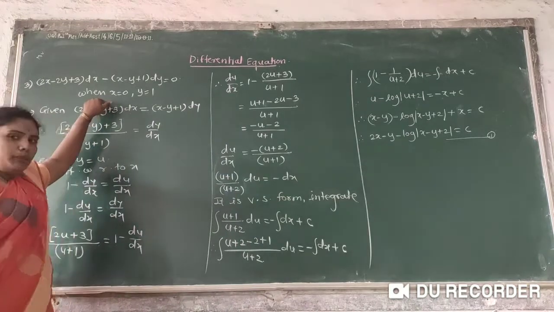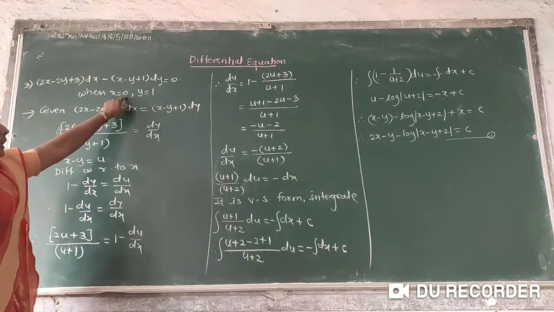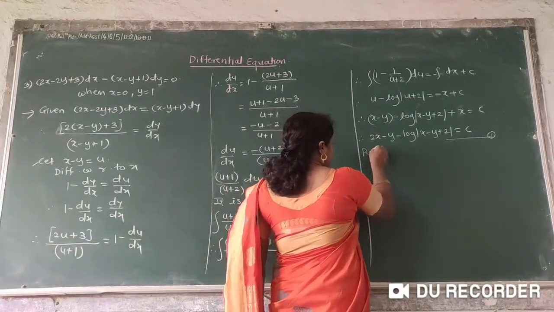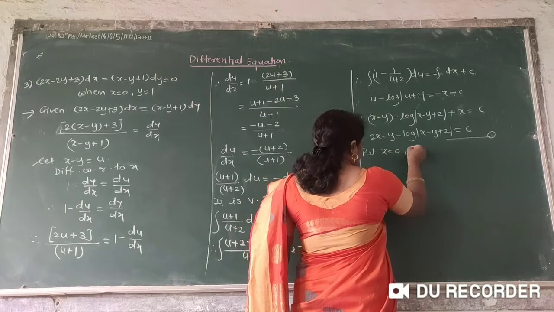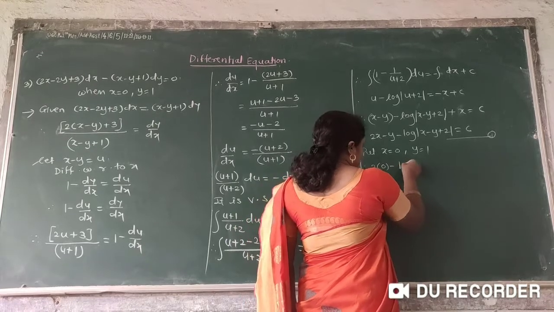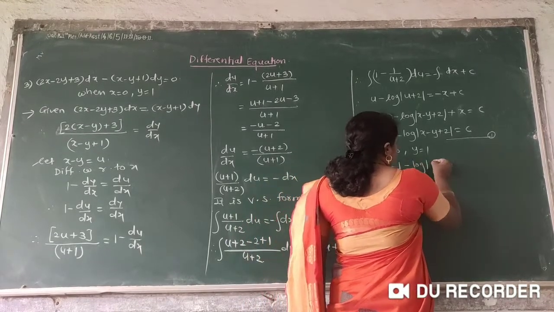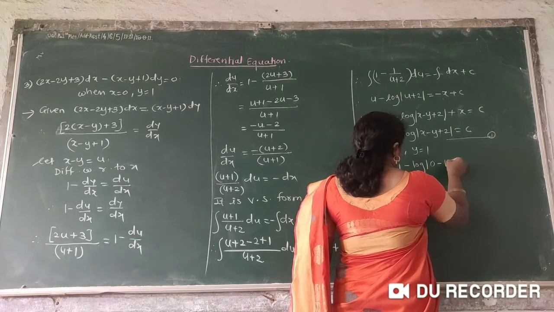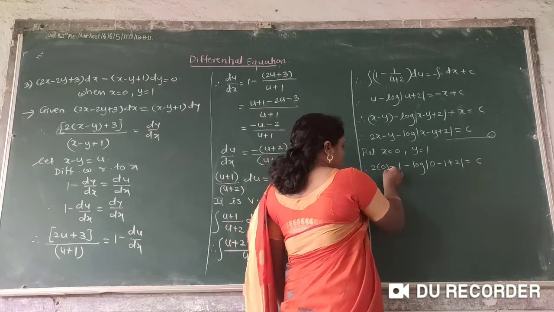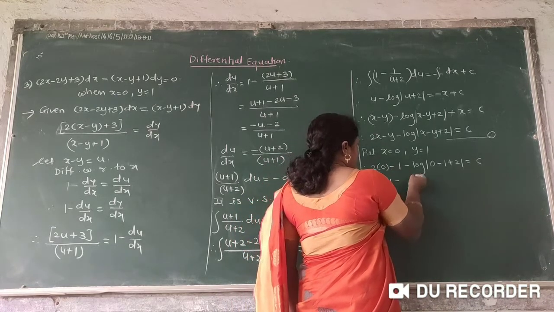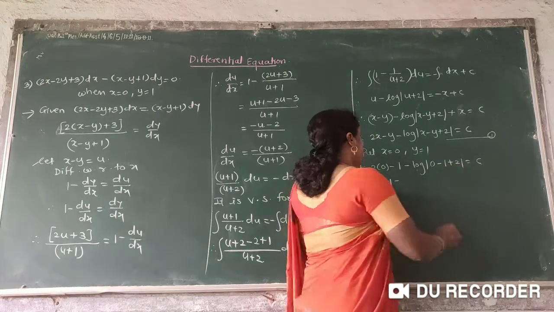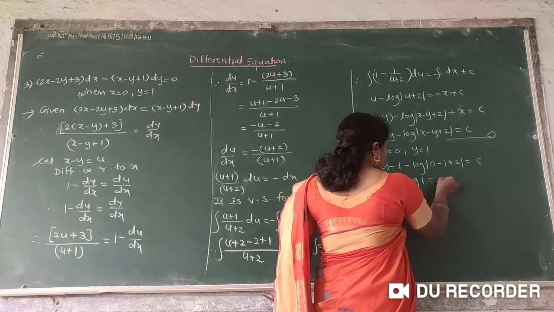Next, we have to find the particular solution, and for this put x equal to 0 and y equal to 1. We get 2 into 0 minus 1 minus log mod of 0 minus 1 plus 2 equal to c. Therefore, 2 into 0 is 0, 0 minus 1 is minus 1, minus log mod of 0 minus 1 plus 2, that is log of 1, equal to c.